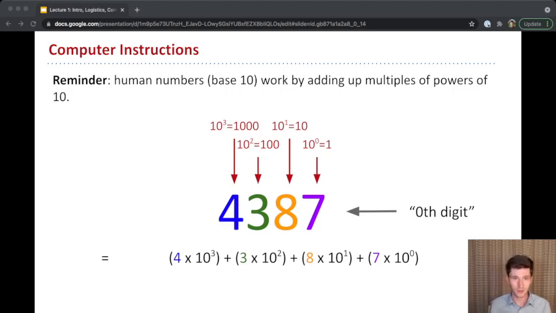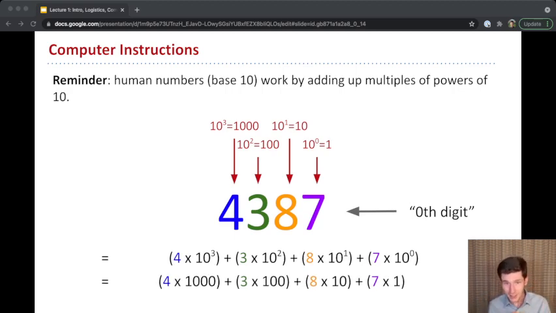And so we see 4,000 plus 300 plus 80 plus 7, which is 4,387. And that's exactly what this number is equal to. We get back to the number that we started from because we are breaking down exactly how we build up our number system, base 10.